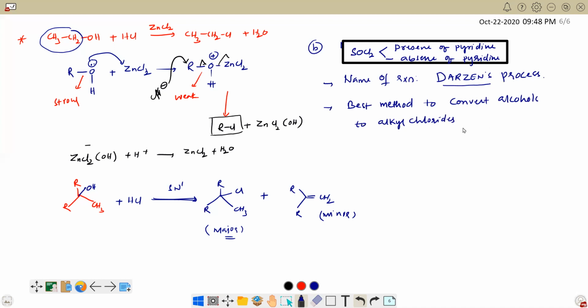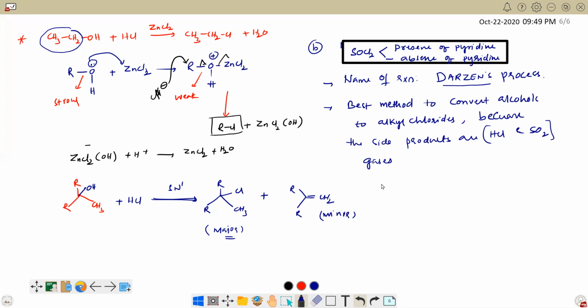Alkyl chlorides. The reason is what? Because the side products are HCl and SO2. Side products HCl and SO2 are gases, so they escape easily, separation is easy, and you will get pure alkyl chloride.